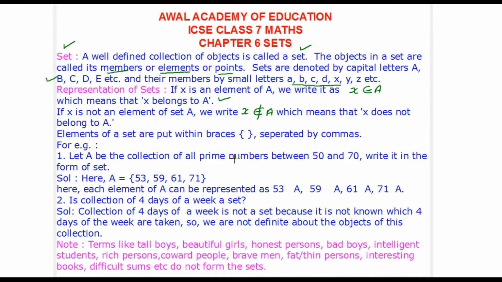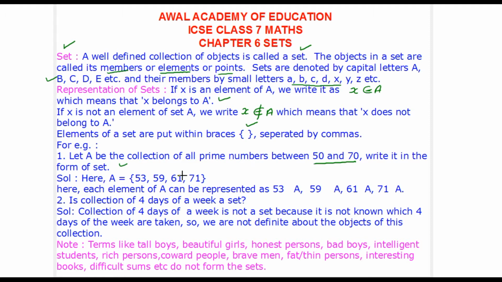Elements of sets are put within brace brackets, like this, and are separated by commas. For example, let A be the collection of all prime numbers between 50 and 70. Write it in the form of a set.